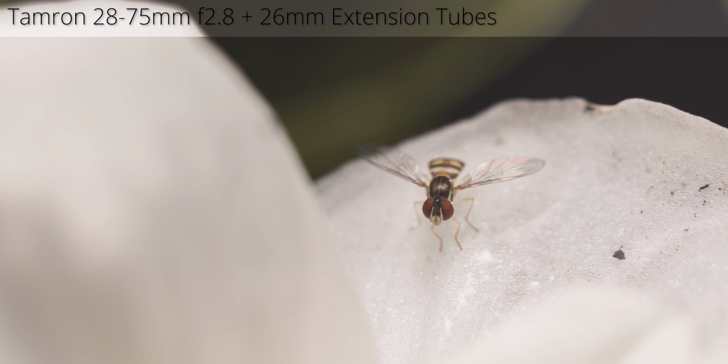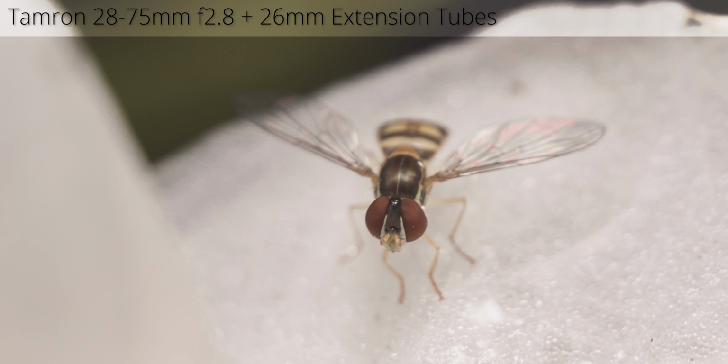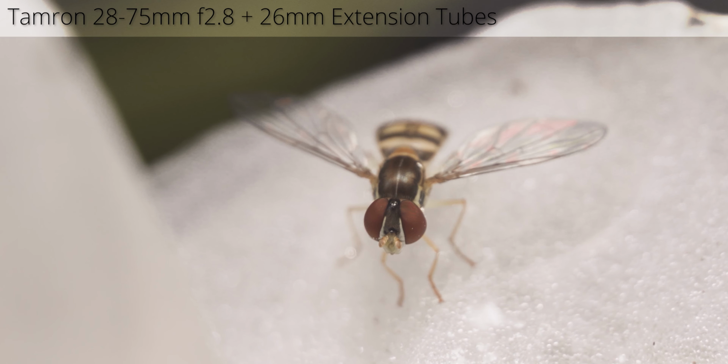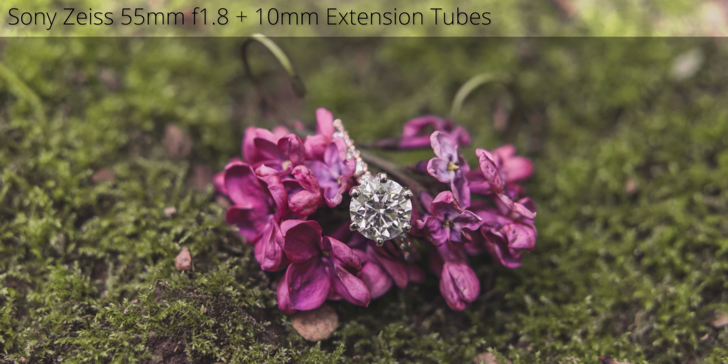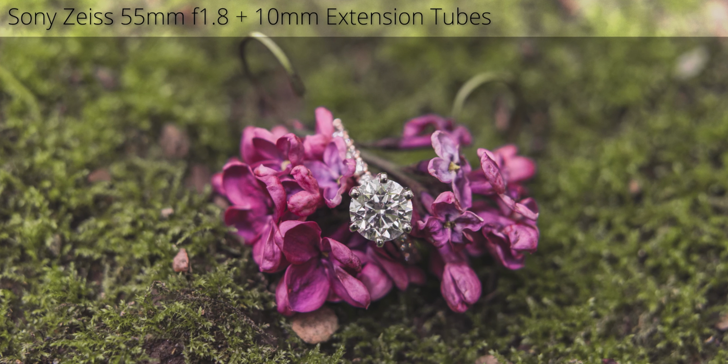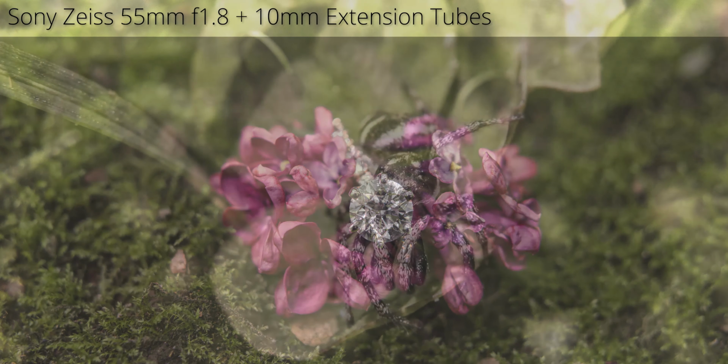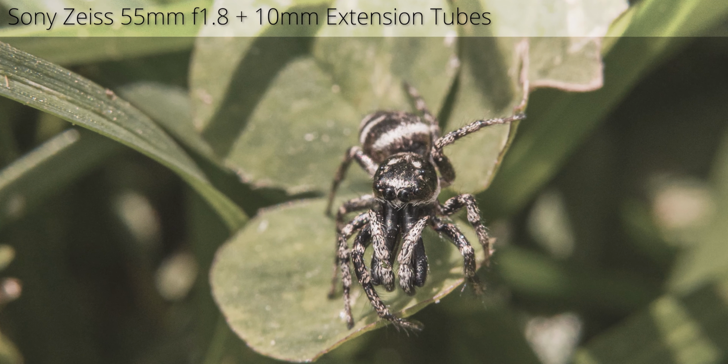And they do diminish the quality of your images and reduce your autofocus functionality and can introduce more vignetting. However, they often only cost $20 to $100, which in itself is just a huge advantage.